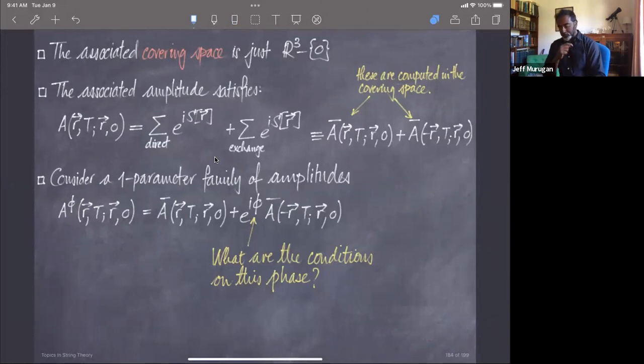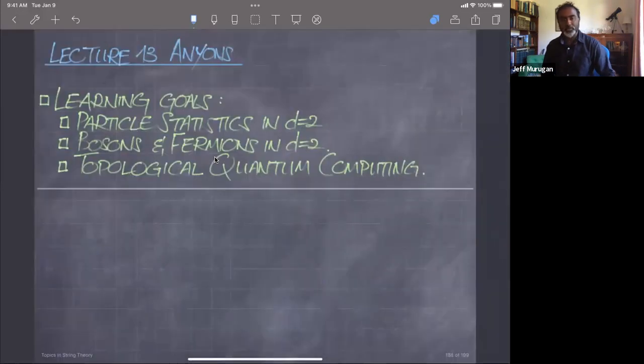And we left off where we said, okay, now let's consider some one parameter family of amplitudes, which are defined like this, where that one parameter was the phase that separated out the direct paths from the exchange paths. So today I want to finish up this computation and show you how bosons and fermions arise in D equals 3.